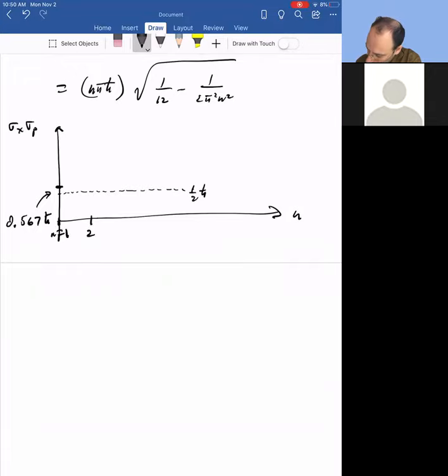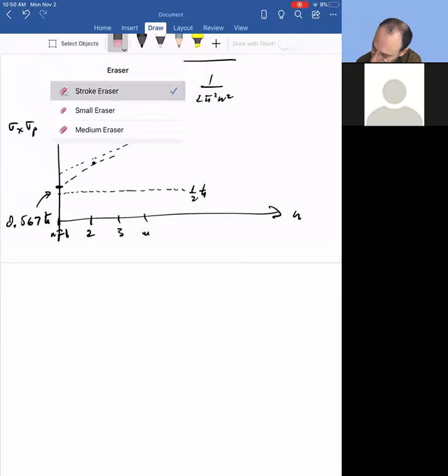So here's 2, here's 3, here's 4. And so you would get something like 2, 3, 4. And very quickly, it kind of asymptotes to this line. The value doesn't really make sense for non-integer n.